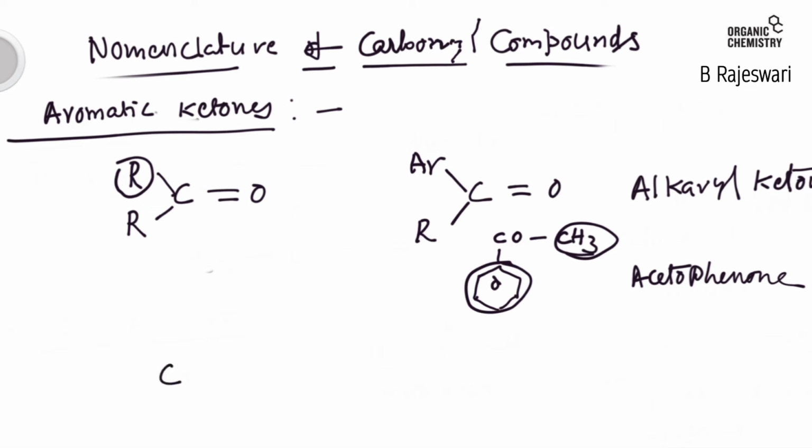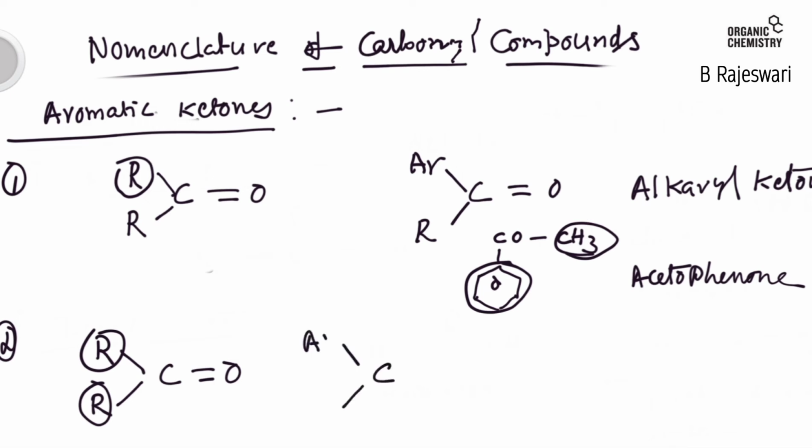Next, in the second case, if both alkyl groups are replaced with two aryl groups, then this compound is known as diaryl ketones.